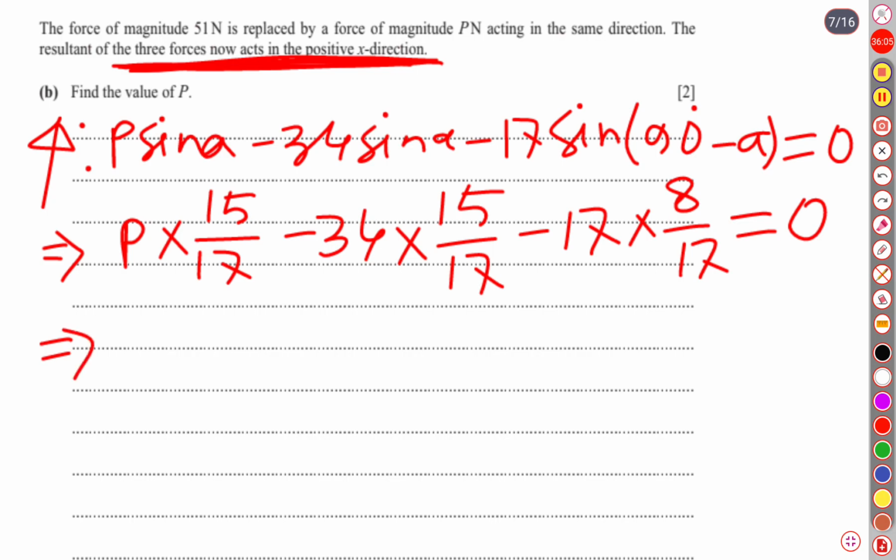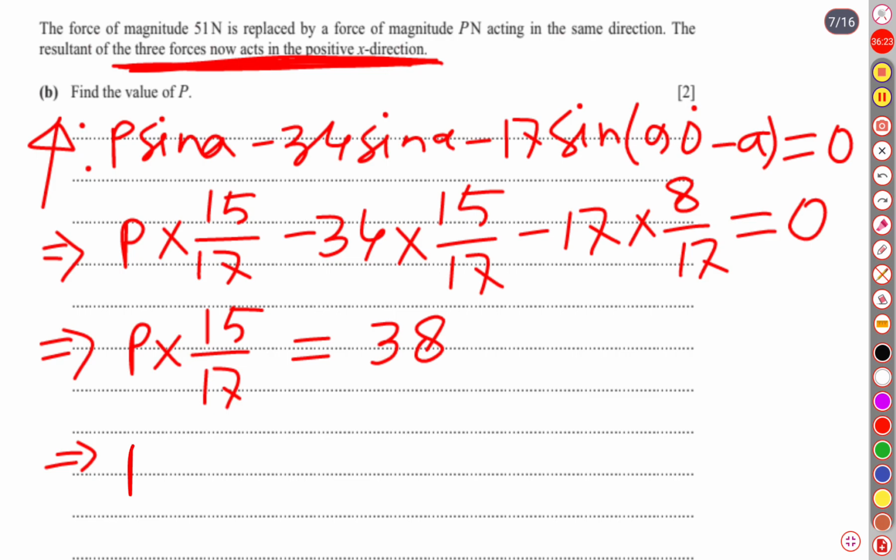So what is it going to be? 15P over 17 on the left, and on the right side it is going to be 30 plus 8, so 38. P is equal to 38 into 17 over 15.